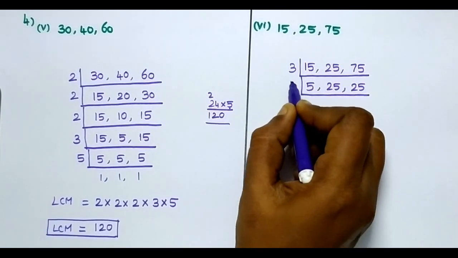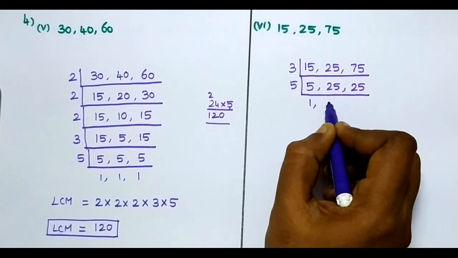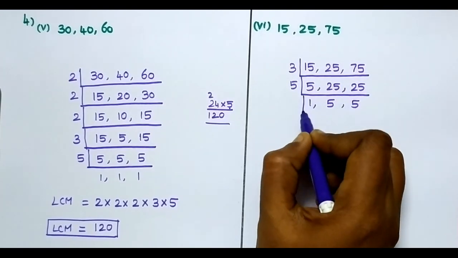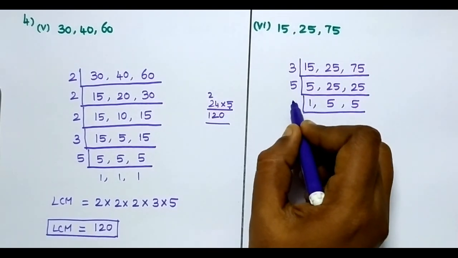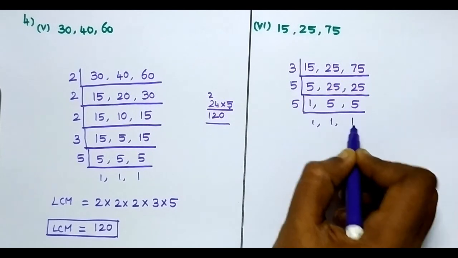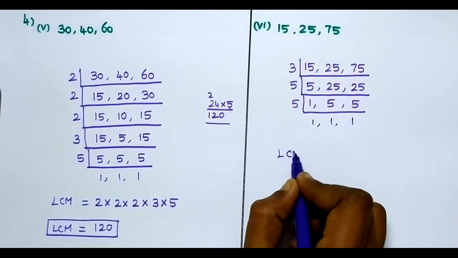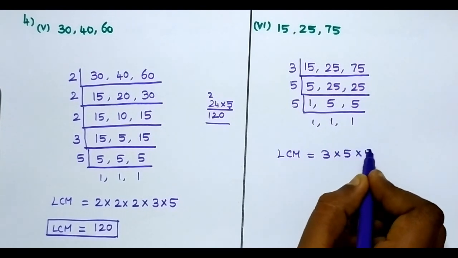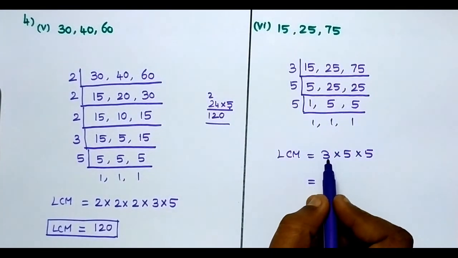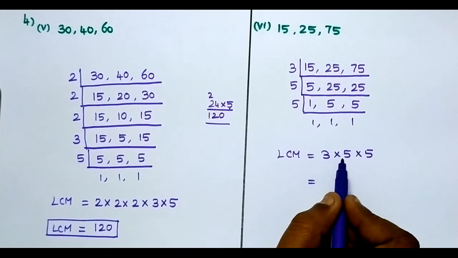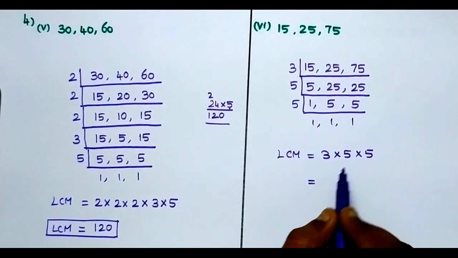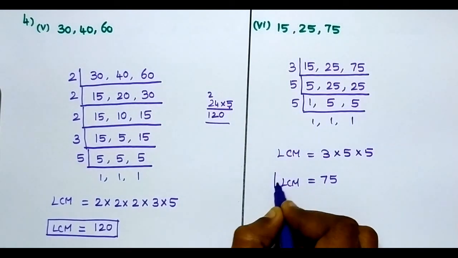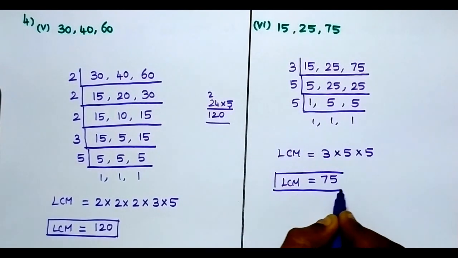Now divided by 5. 1. 5 5s are 25. Again 5 5s are 25. Again divided by 5. 1 1 1. Now LCM equal to 3 into 5 into 5. 3 5s are 15. 15 5s are 75. So LCM equal to 75.